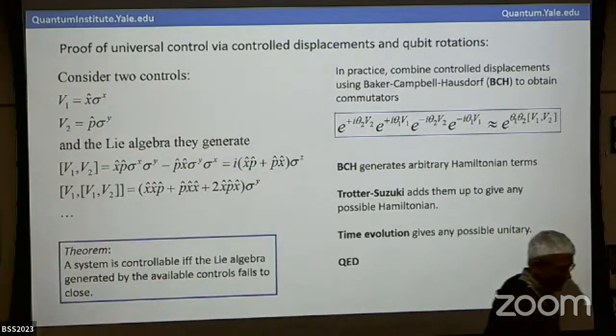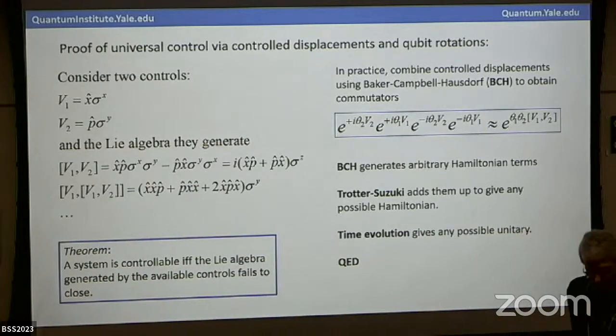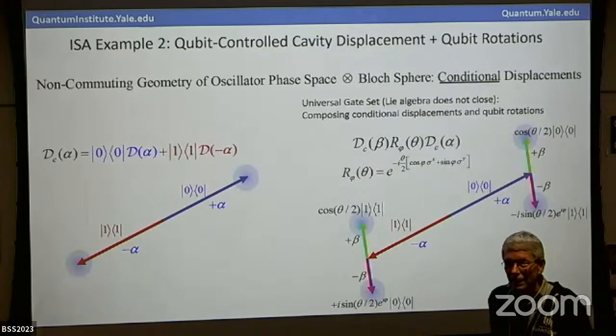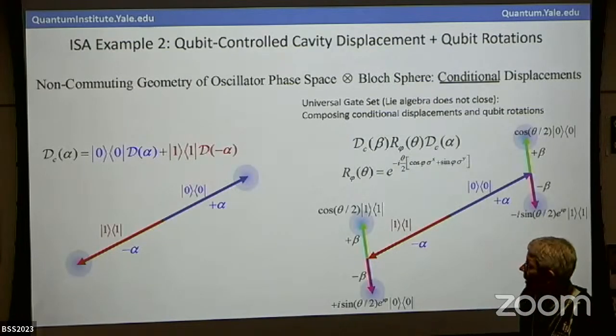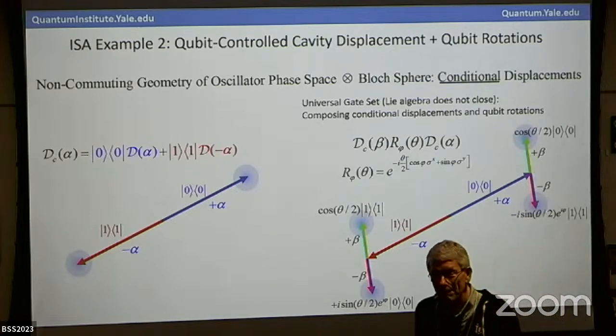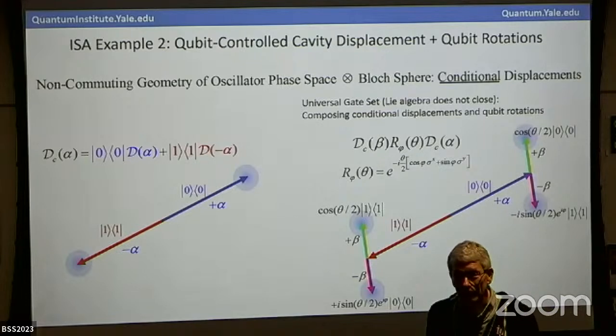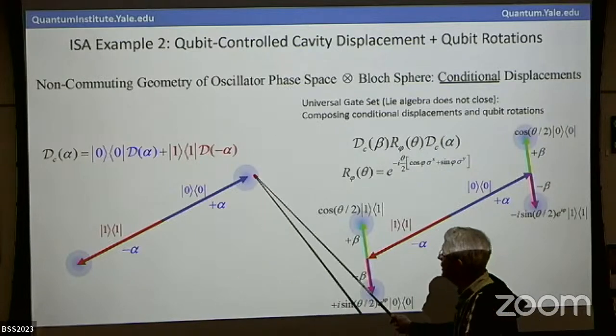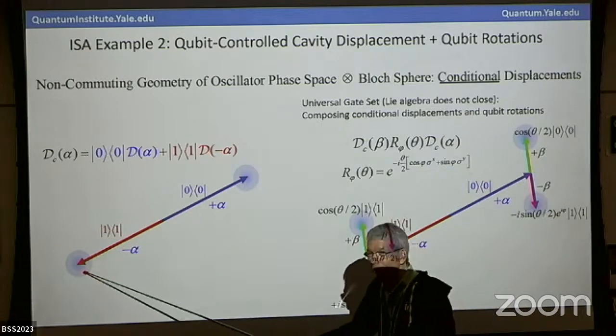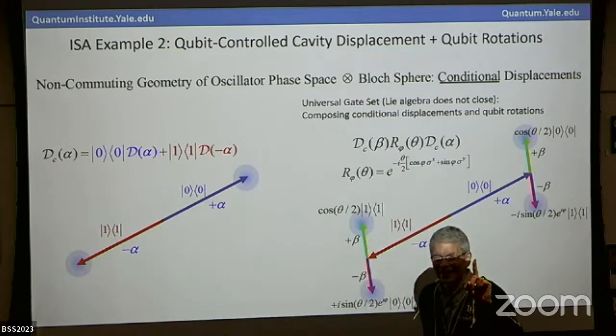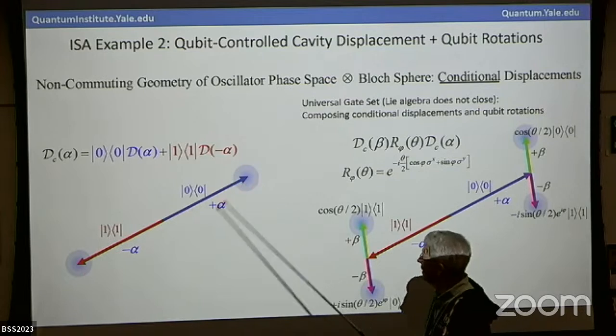Okay. Yeah. Previous slide. We apply a Hadamard to the qubit and leave it for a little bit of time. We can put the qubit in the ground state in the first cycle state, and the cavity will be in a cat state. So this is a Schrodinger cat, not a cat state, a Schrodinger cat.